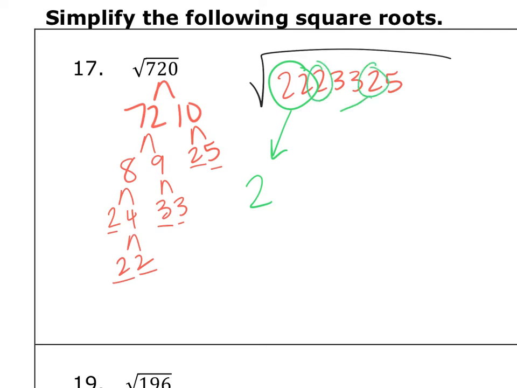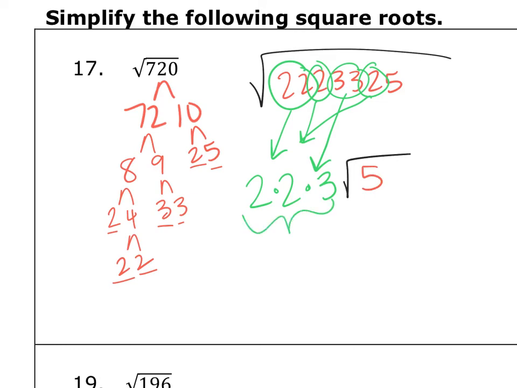I have another set of 2's here that are going to come out, and a set of 3's. And then inside the square root is still a 5 that has no friends to come out and play. And then on the outside, 2 times 2 times 3 is 12. And then the square root of 5 stays inside.